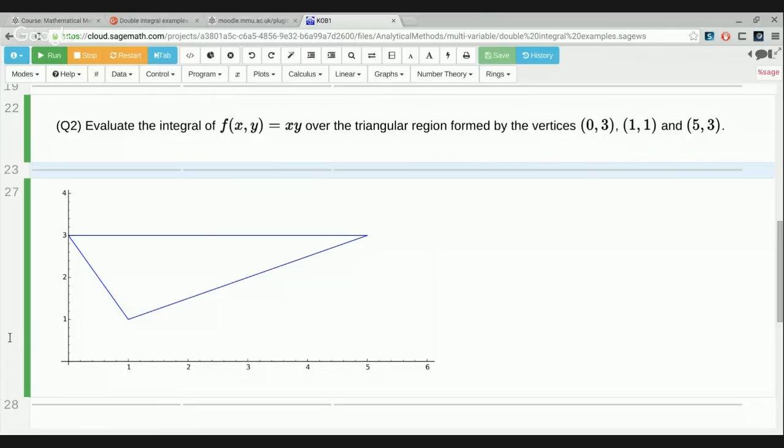So we can substitute these in, and what we'll get is just a polynomial in y. This will be 1/2 (2y minus 1) all squared times y, and then minus 1/2 (y minus 3 over minus 2) all squared times y.